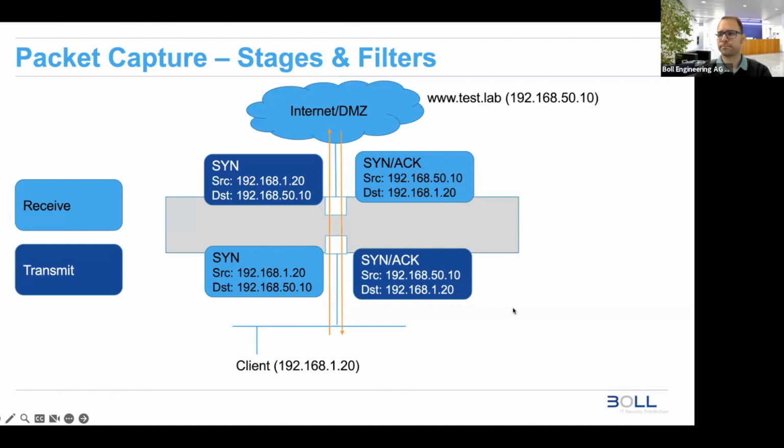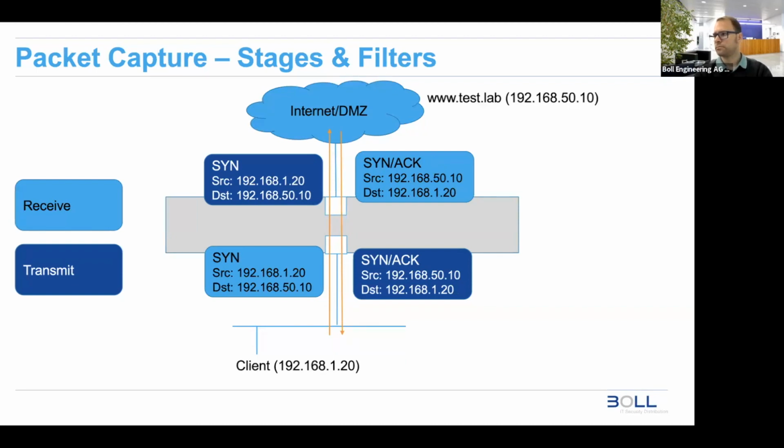What I wanted to say is that the receive stage can capture traffic on different interfaces, and also the transmit stage. So it is not that we are capturing traffic on one interface, like other packet capturers from other vendors, or like Wireshark, where you can say you want to capture the traffic on one specific interface. That's not how it is working here. Here we are capturing per stage, per capture stage.